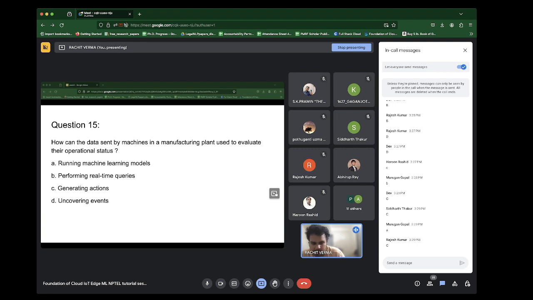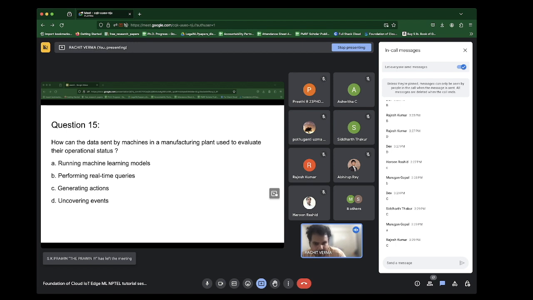So you can run machine learning. You can see this as multi-correct too. So A and D. In my opinion, the answer is A and B. Yes, you would require uncovering events, so that is the final goal.